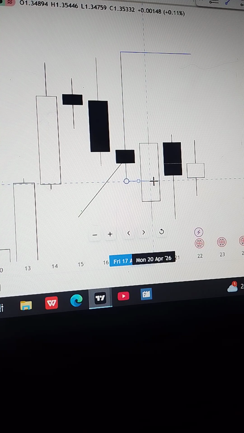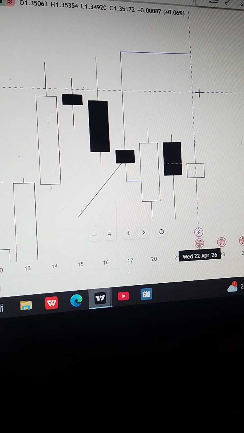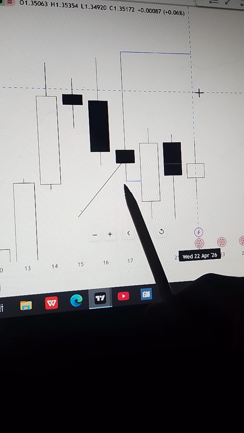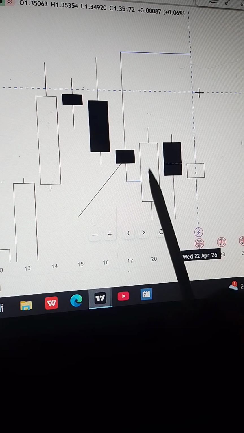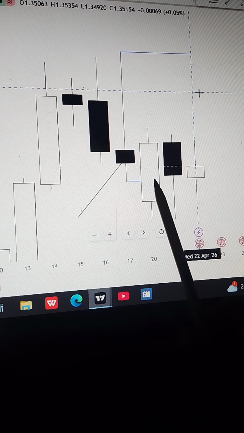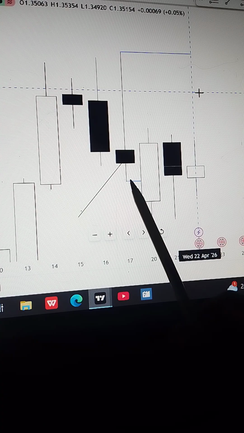As you can see, it closed between these candlesticks, so that means the market was still bearish, so that is a continuation.